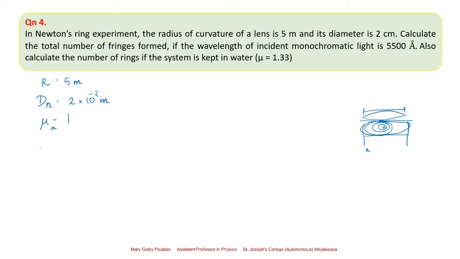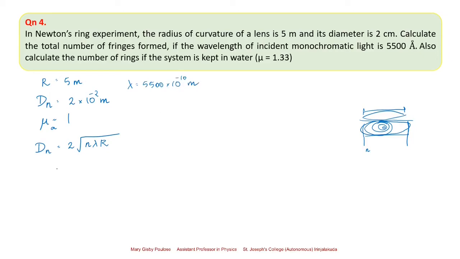So we get the diameter of the nth ring as twice square root of n lambda r. Wavelength is also given. Wavelength lambda is equal to 5,500 into 10 raised to minus 10 meters, as angstrom is 10 raised to minus 10 meters.